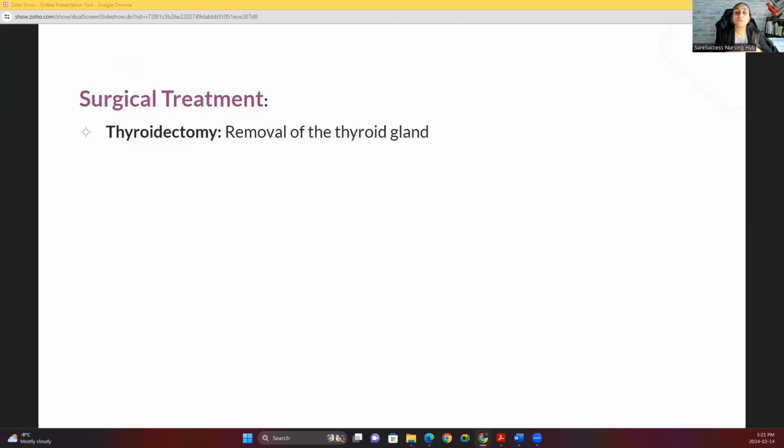So that is why when the patient is going for thyroidectomy, usually in the OR they have all kinds of medications like beta blockers, the BP medications, to control the heart rate, to control the temperature. We know his body is going to be hyper. So we have all those kinds of medication.